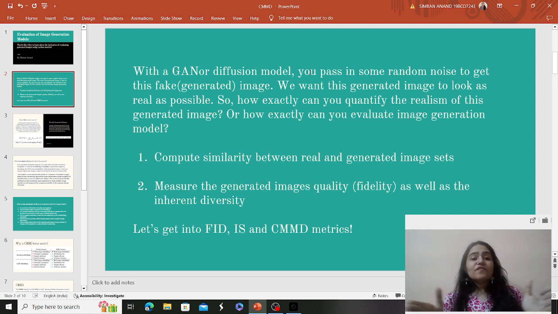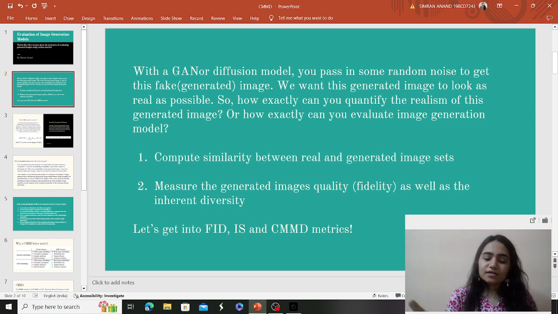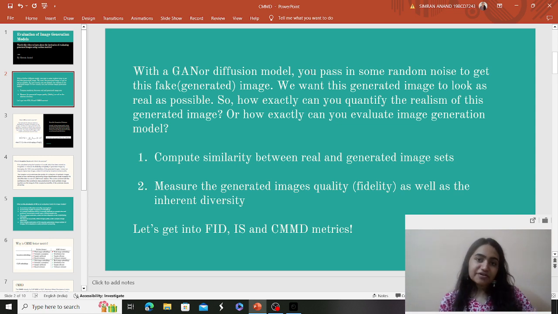But the goal of a good GAN model should always be that the dissimilarity between the generated image and the real image is small, because we are trying to generate realistic images which look similar to the real images but are not actually real images.